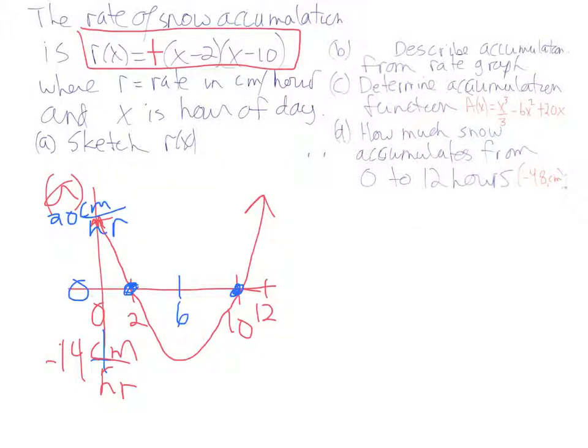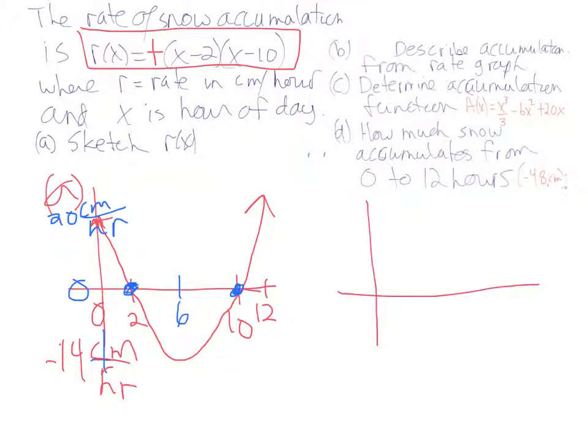So one of the things that we can do here is look at how those features create our new graph. So let's actually do that as part of B, to see if we can do a bit of sketching. This will be a little bit challenging for you, but I think you can do this.